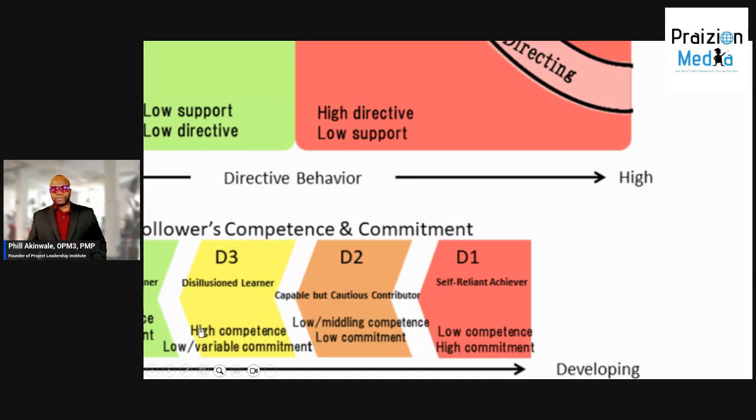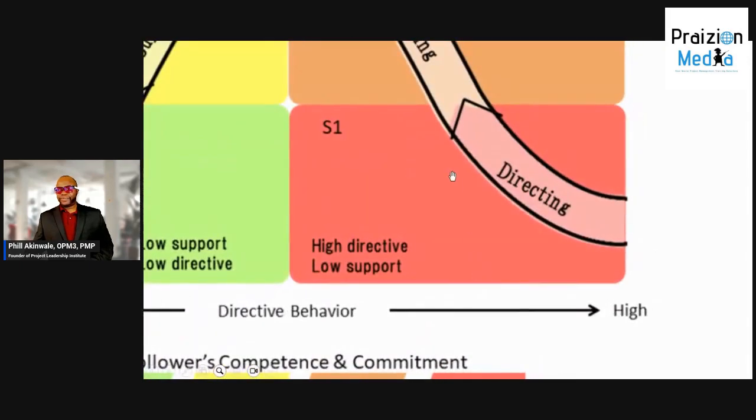When we talk about the relationship or the supportive behavior, we're talking about the extent to which the leader engages in open dialogue with the follower, the extent to which they actively listen and provide recognition and reinforcement for task-related progress. So you could say this first quadrant is a directing style of leadership. You see the word directing right there, or guiding.